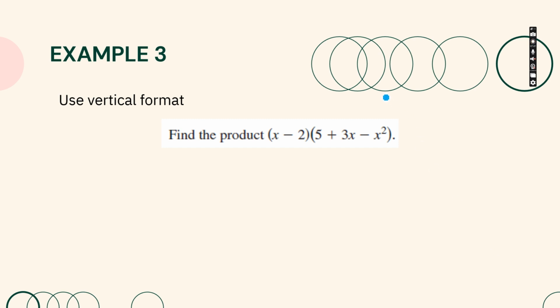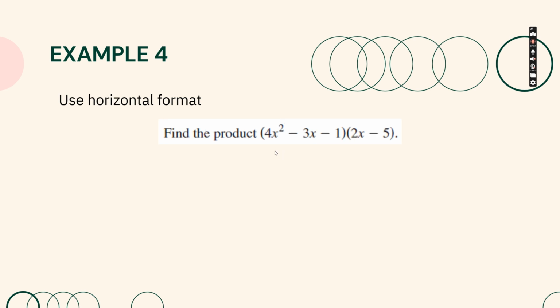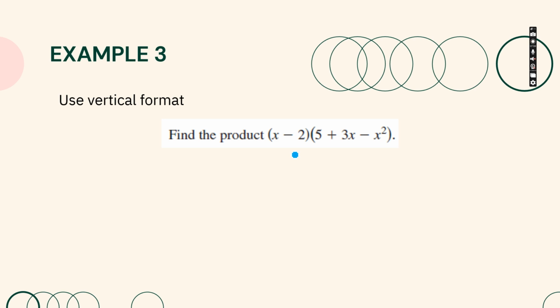Using the vertical format to solve this type of problem is, in my opinion, not the best way to do things. I like doing the horizontal method, which we'll go ahead and showcase here. But vertical still kind of works out for us.